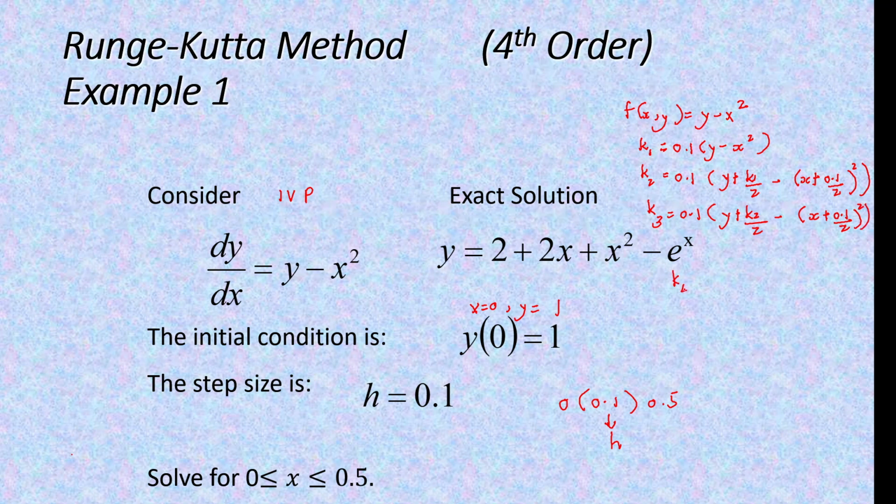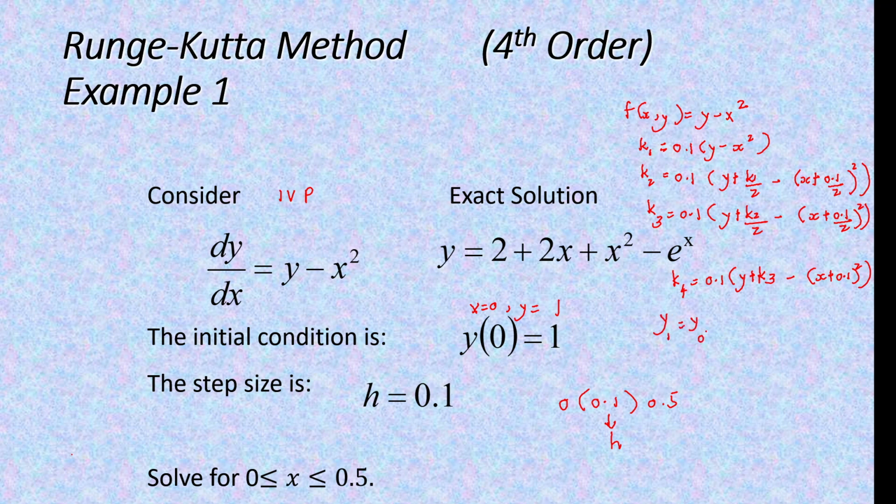And then K4 is h multiplied, where y becomes y plus K3, and x becomes x plus h, which is 0.1 squared.